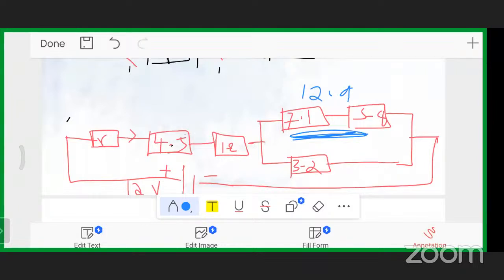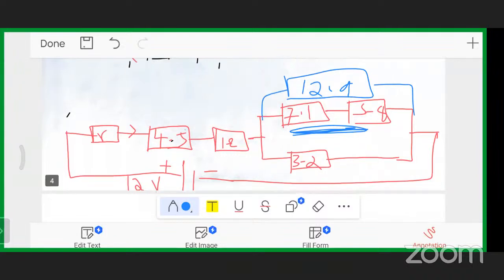So if you like, you can redraw your structure. I don't want to redraw it again, but you can redraw so that you see what will happen now. So you can have one resistor replacing these two. Then now, again, the ones in parallel are 12.9 and 3.2. The two are in parallel. So let's combine the two in parallel.